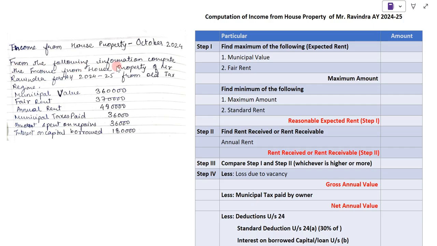From the following information, compute the income from house property of Mr. Ravindra for assessment year 24-25 from old tax regime.